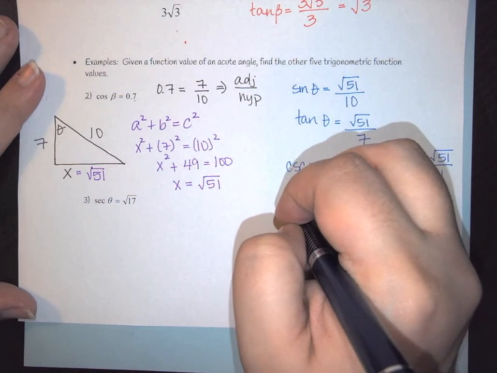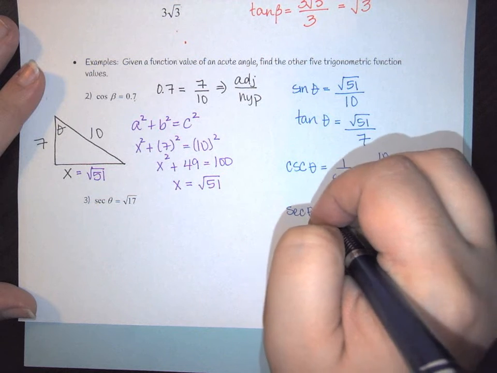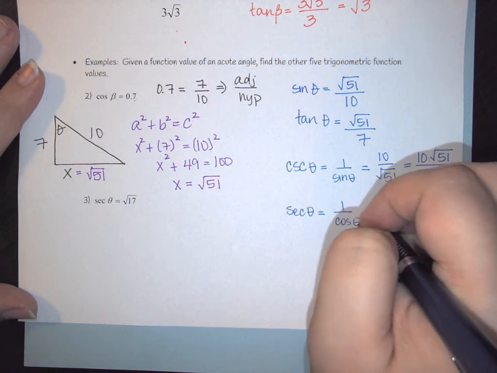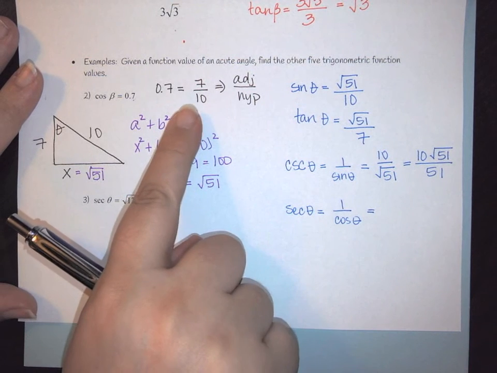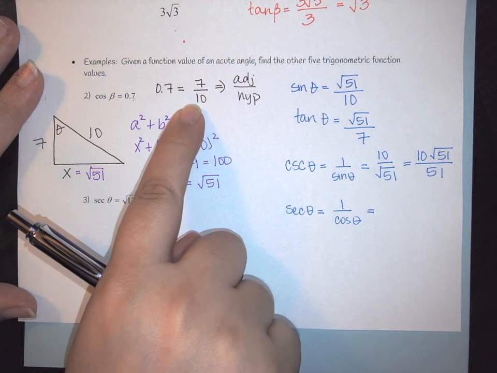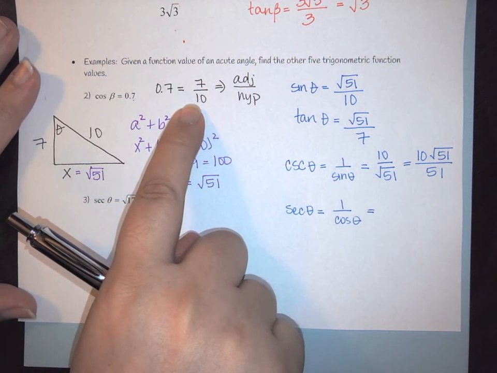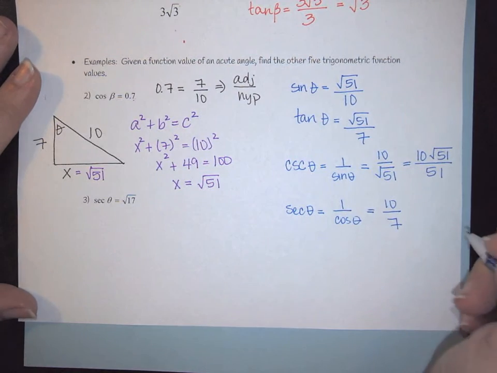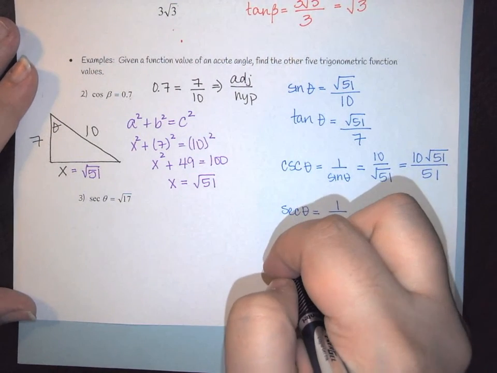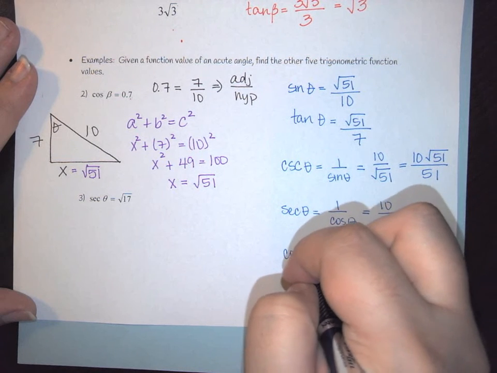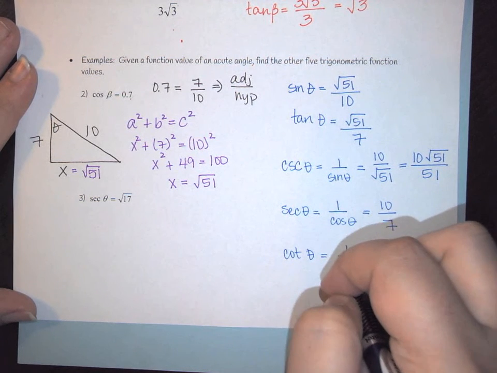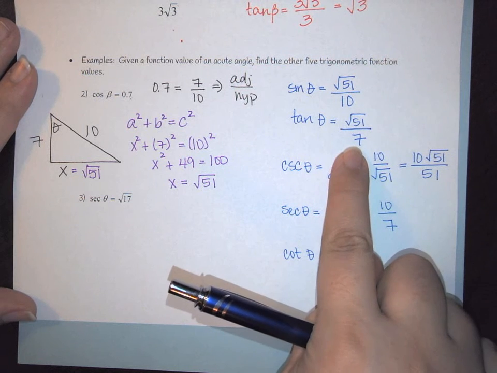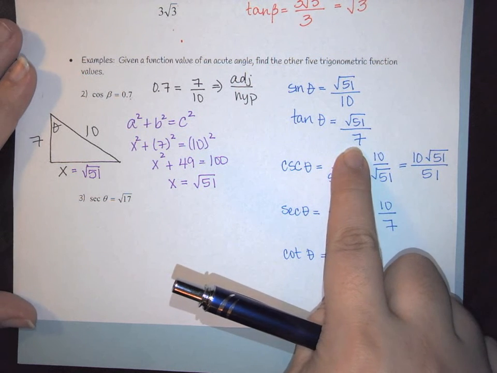We need to do the secant, which is the same as 1 over the cosine. And in this case, my cosine was 7 over 10. So when we flip it, this ends up being 10 over 7. And then the last one we have is the cotangent. And in this case, that's 1 over the tangent. My tangent here was square root of 51 over 7.